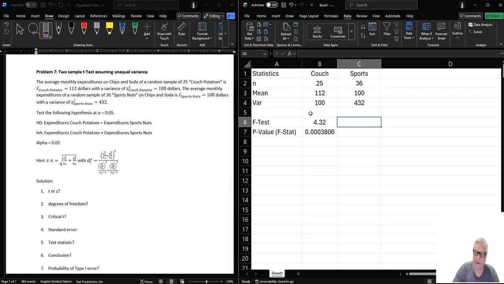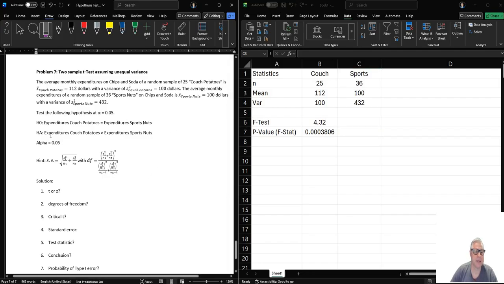Okay, but now we want to see, is there a difference? Do the couch potatoes statistically significantly spend more? And actually, here this calls for a two-tail test. So is there a statistically significant difference?